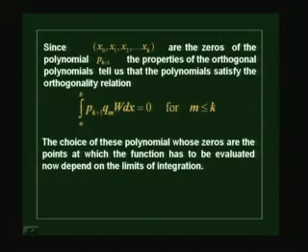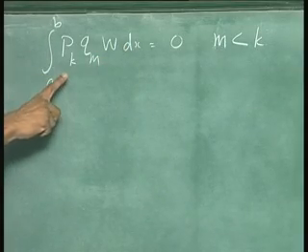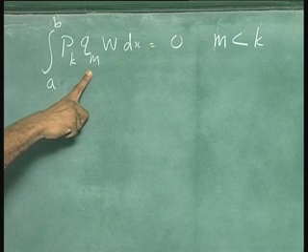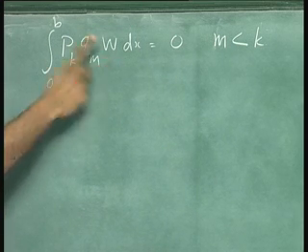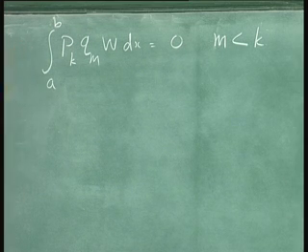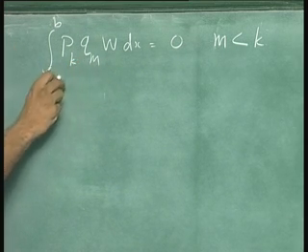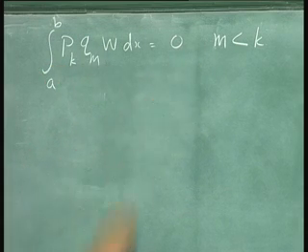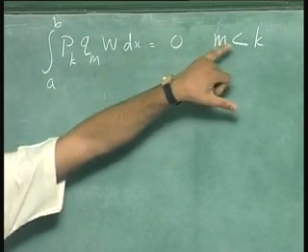So, if you have a polynomial pk and another polynomial qm, then for a given limit a to b, we can find a w such that this quantity is 0 for all polynomials qm which are of order less than k.